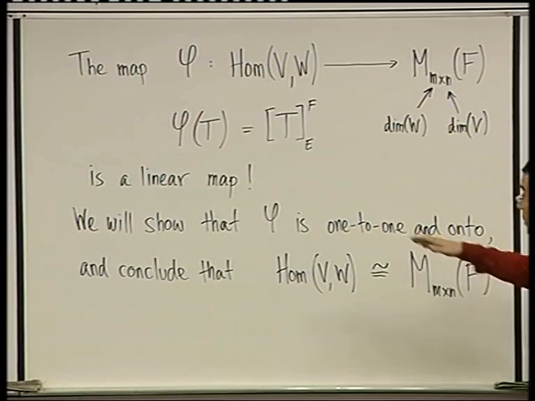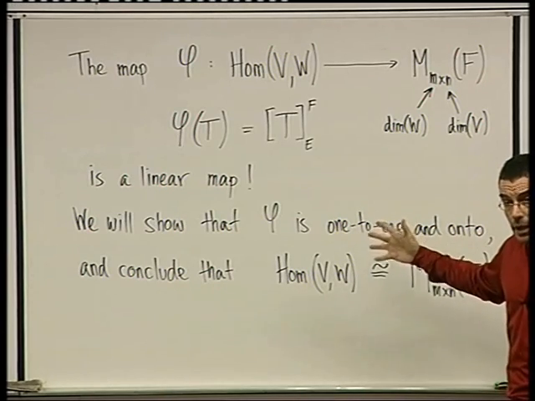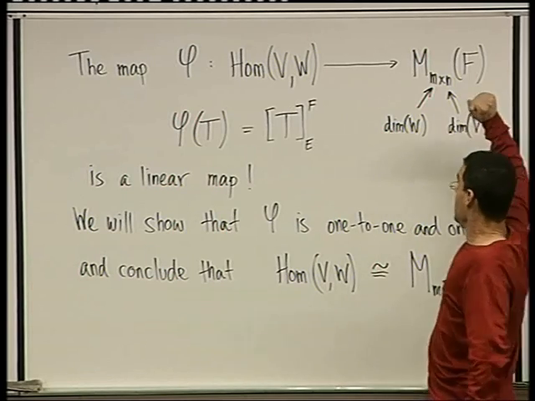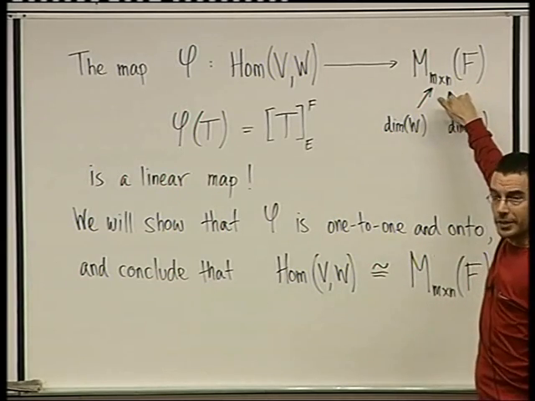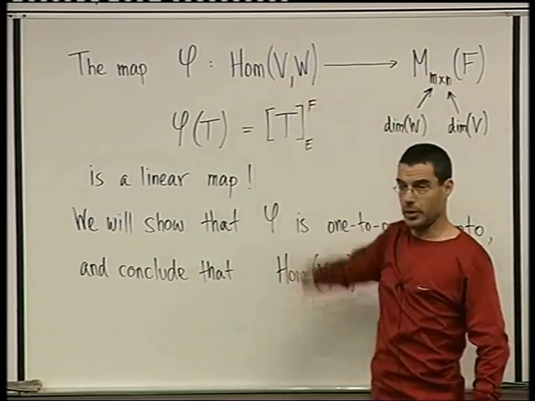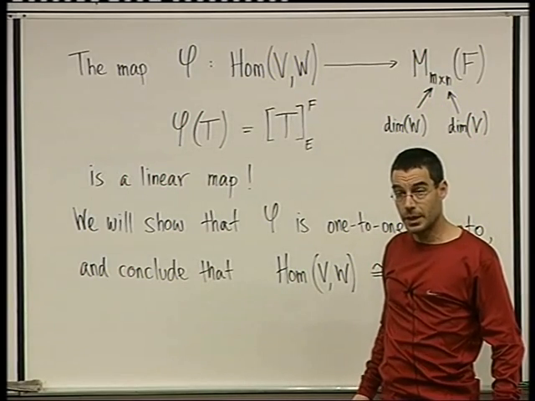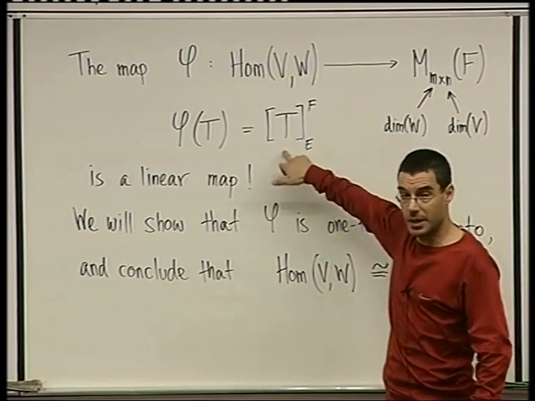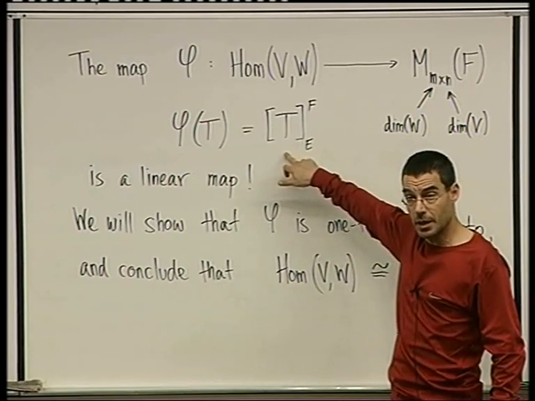Showing that it's one-to-one and onto amounts to showing two things. One, the only way to get the zero matrix is if you start with the zero transformation. That's rather obvious if you think of how we construct this matrix.